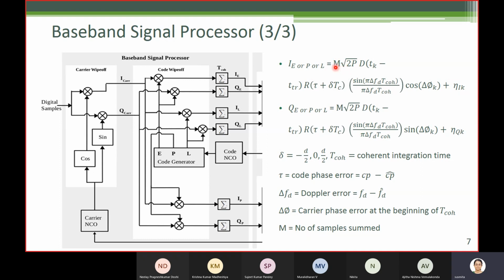You have a large multiplier in the beginning: for 1 millisecond, 5,000 is multiplied. The same does not happen for noise. For 20 milliseconds, 5,000 into 20 is multiplied. So by doing this correlation, signal is amplified over noise. So at this point, we can identify the signal from noise because signal is amplified over noise.